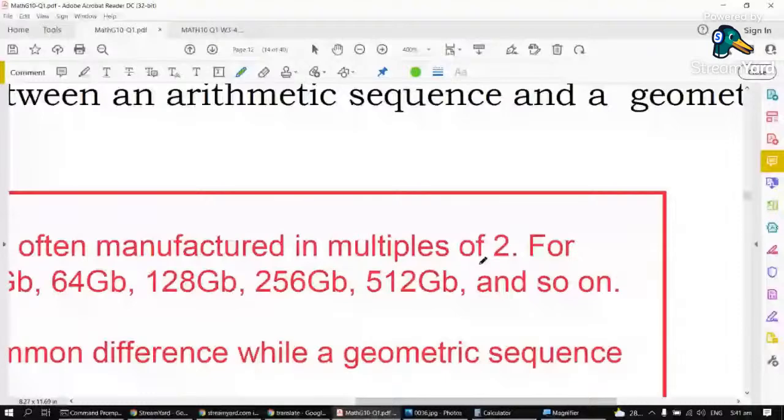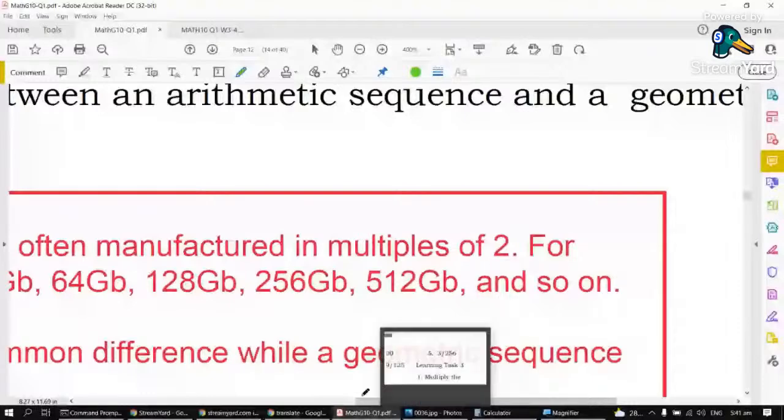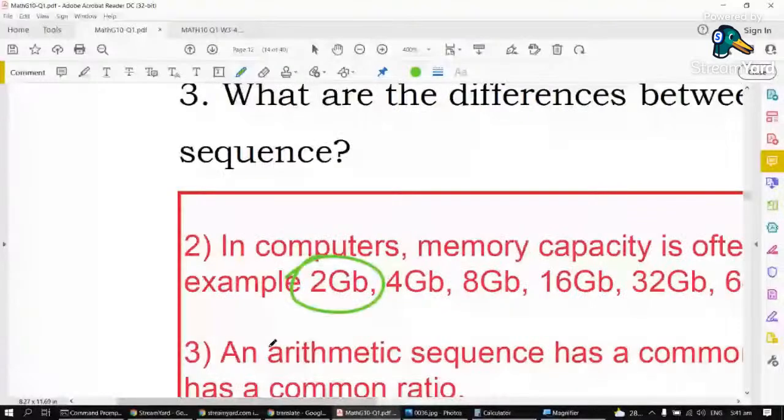Kung naabutan nyo pa noon, meron tinatawag na 1 gigabyte USB. Pagkatapos noon, ay may lumabas na 2 gigabyte. Pagkatapos ng 2 gigabyte times 2, meron lumabas na 4 gigabyte. And then 4 gigabyte times 2 is 8 gigabyte.